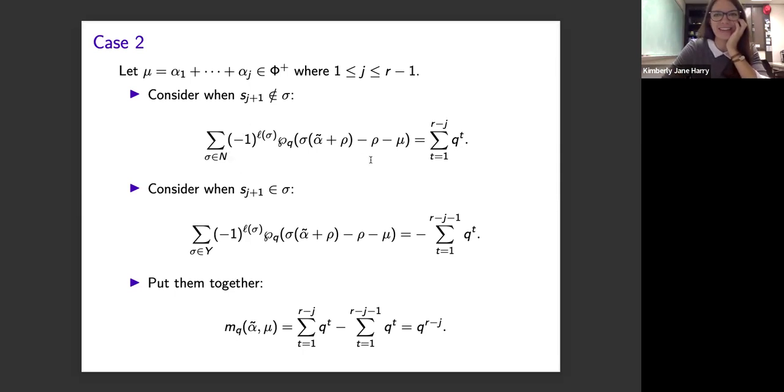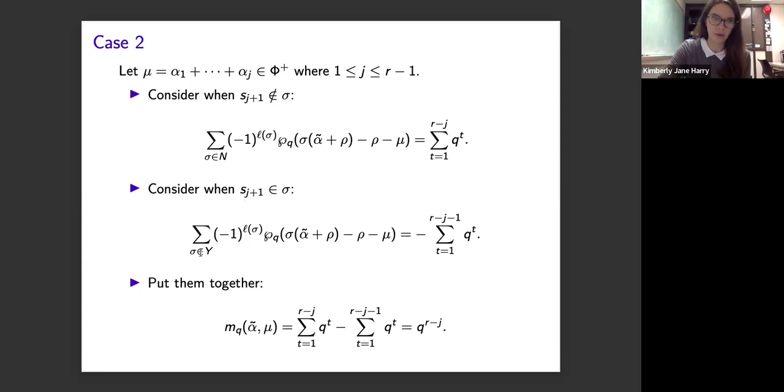And then I looked at the Q analog here. Between the left side and the right side, a lot of combinatorial things happen. But the main thing I want to point out is we simply reduce down to this sum, where I have q to the t, where t goes from 1 to r minus j. Then I have to consider the other case, where s sub j plus 1 is contained in my sigma.